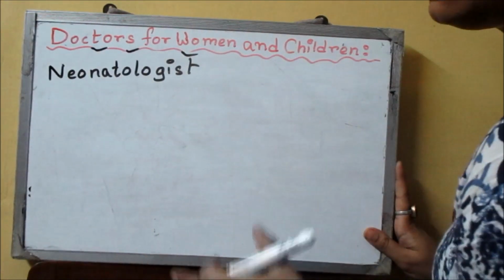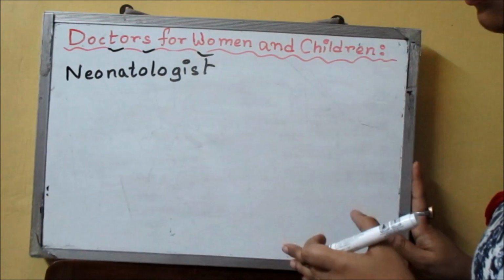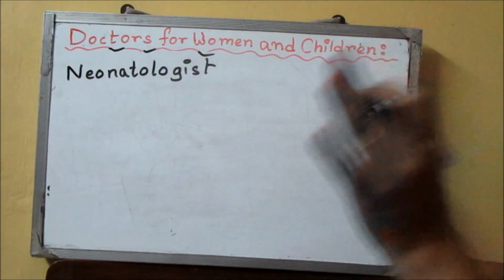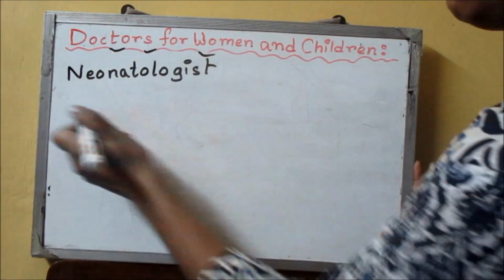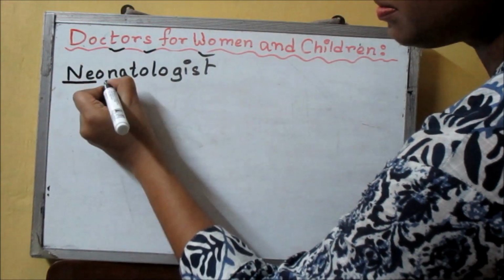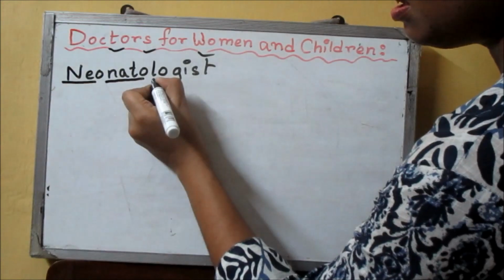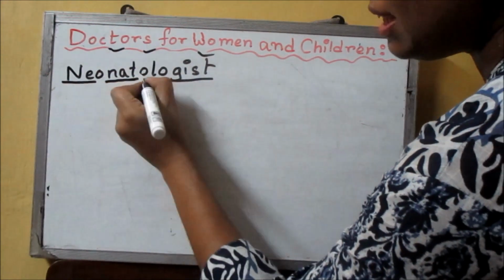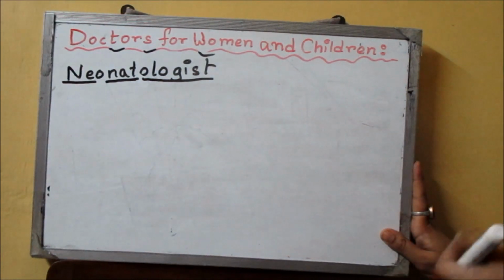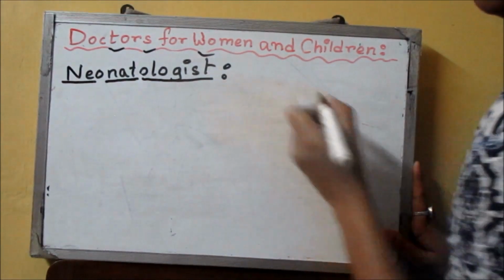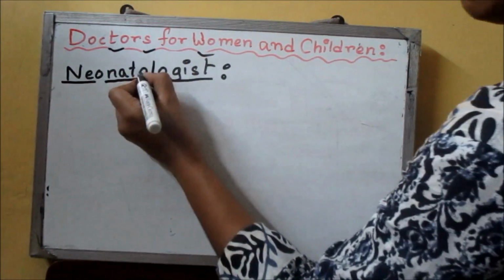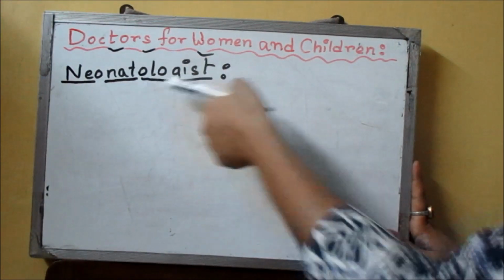The word neonatologist can be broken into three parts. The word neo, nato, and logist. The word neo, nat, and ologist. I have already given you the list of suffixes in which you have already come across the word ologist.